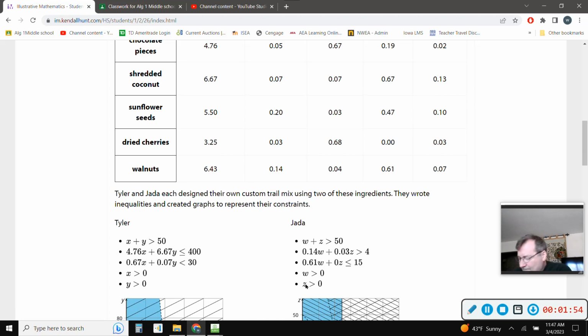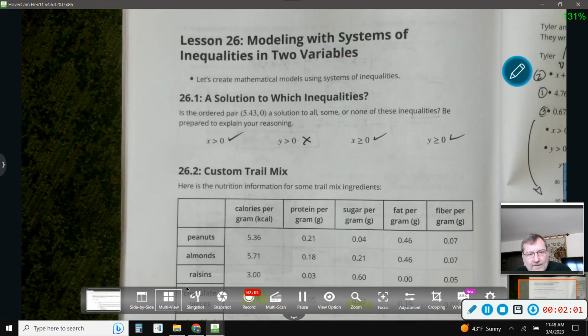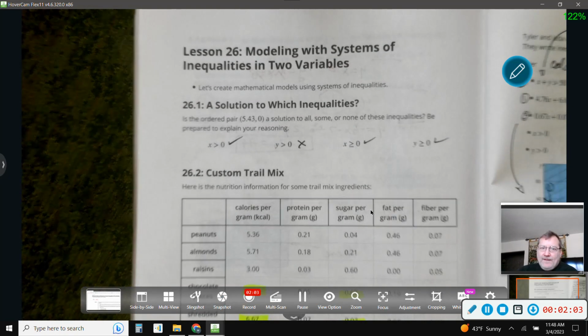So I'm going to switch over here real quick to my camera, and this is what I've got.